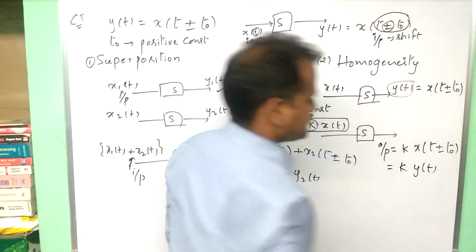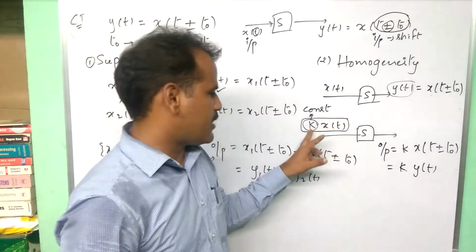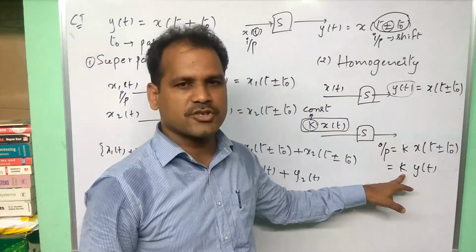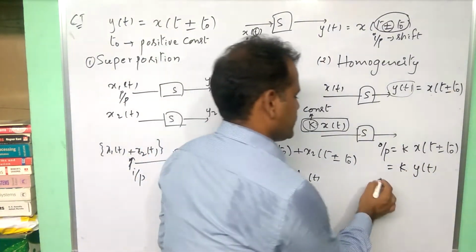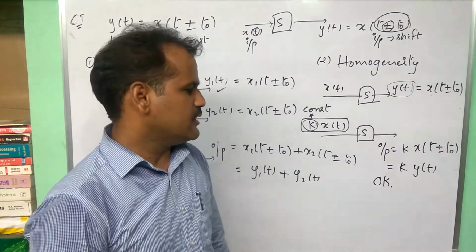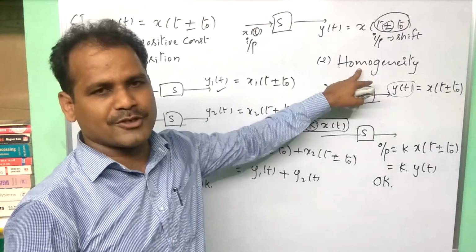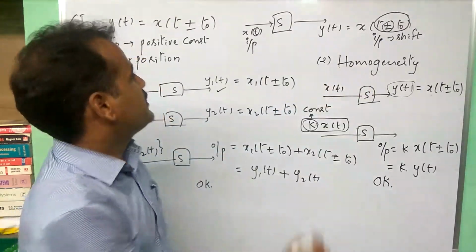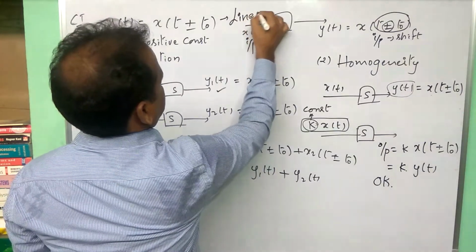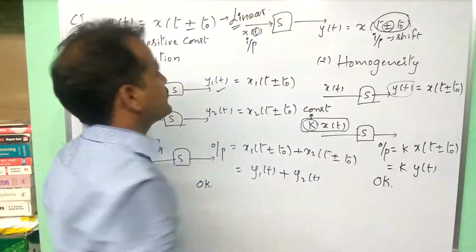So input multiplied by k results in the corresponding output y of t multiplied with the same constant k. Homogeneity is also satisfied for this shifting element system. Both principles, superposition and homogeneity, are satisfied. That is why the given system should be declared a linear system. Fine. Thank you.